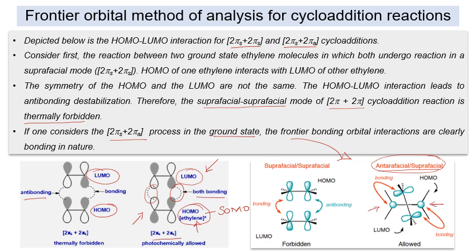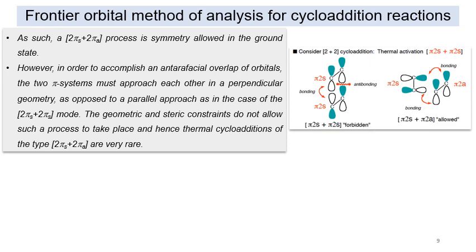Let's see whether this is permitted or not. Now, this is symmetry allowed in the ground state, obviously, but in order to accomplish such an antarafacial overlap of orbitals, we can see here in this diagram that the two pi systems must approach each other in a perpendicular geometry.